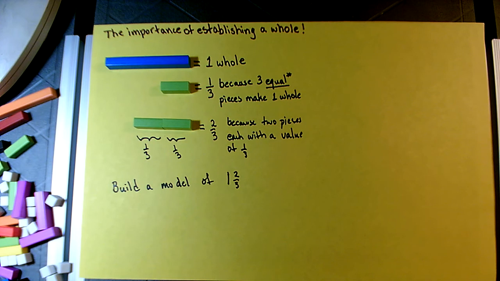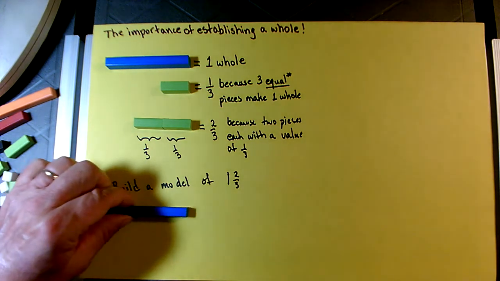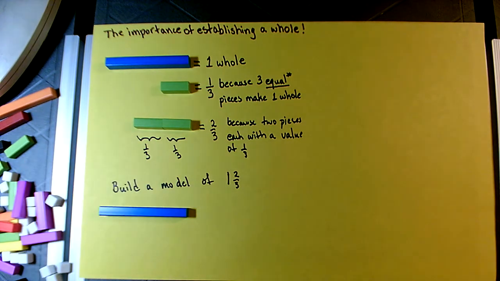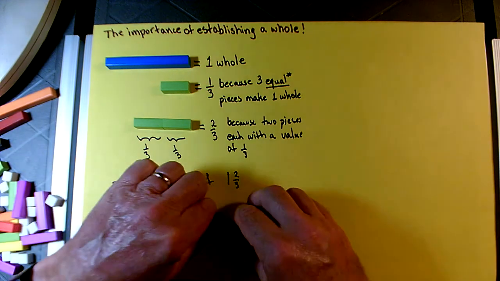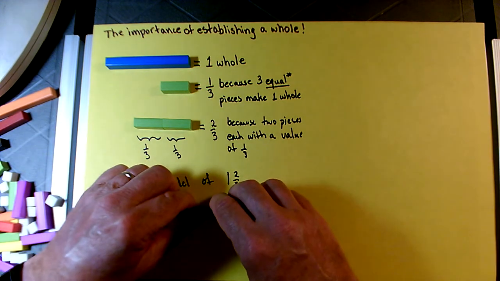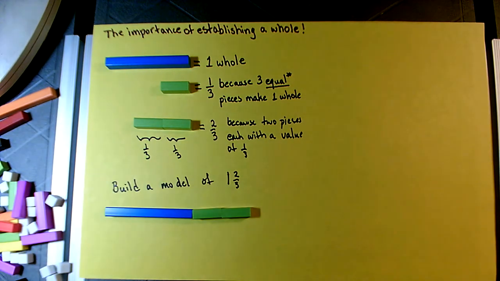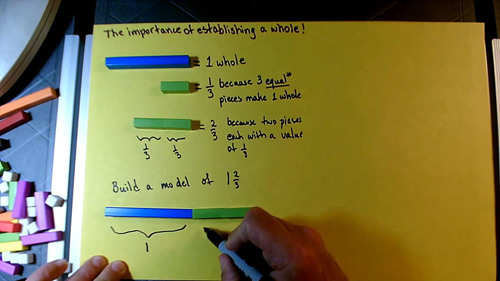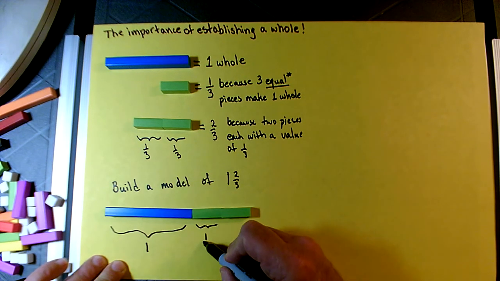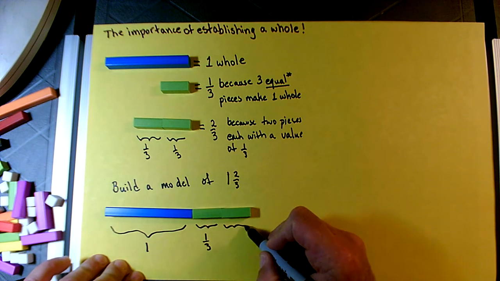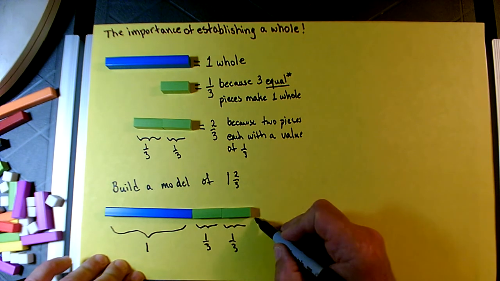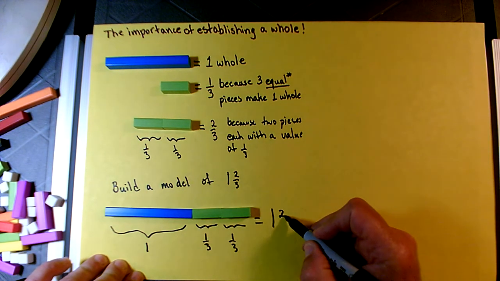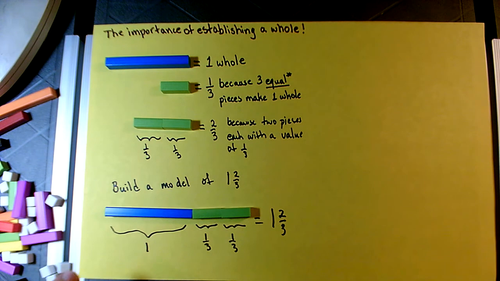So what does build a model mean? It means, well, use our manipulatives to build a value that has 1 2/3. This is the easiest, but not the only way to build 1 2/3. There's 1, there's 1/3, there's 1/3, and so this has a value of 1 2/3.